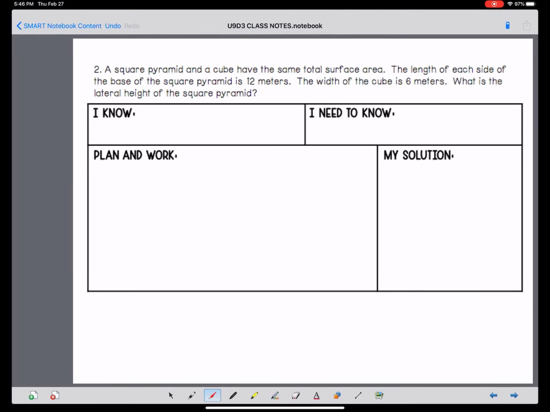So here we go. A square pyramid and a cube have the same total surface area. The length of each side of the base of the square pyramid is 12 meters. I'm just going to show you really quick what a square pyramid will look like in a net. I'm just going to draw it out like this. It's going to have one square, and then it's going to have some triangles, right?